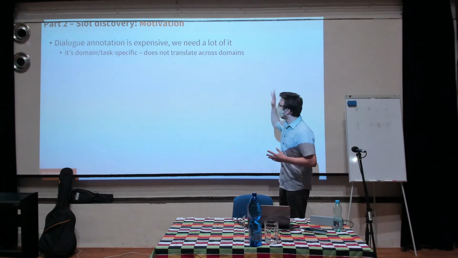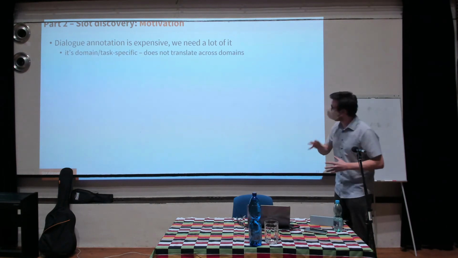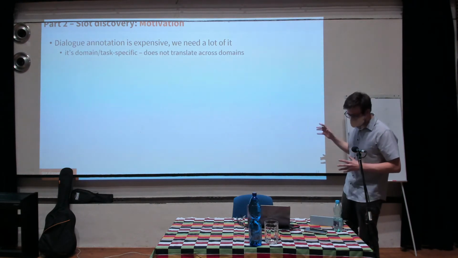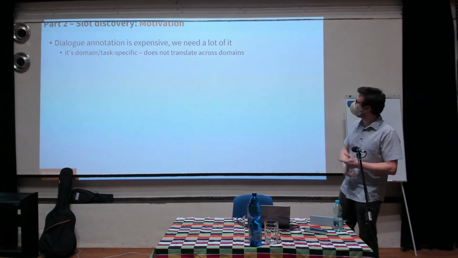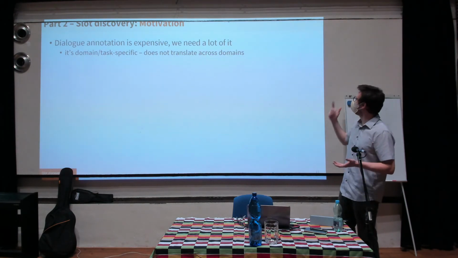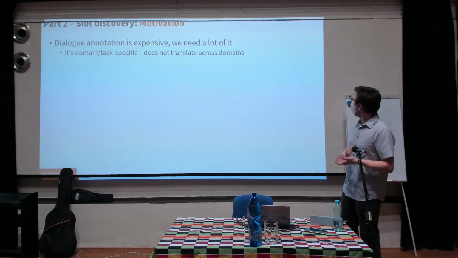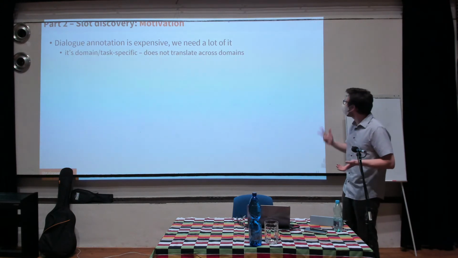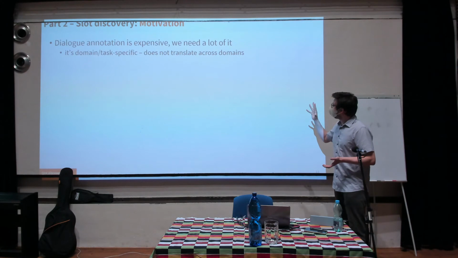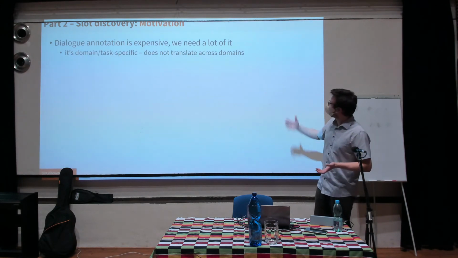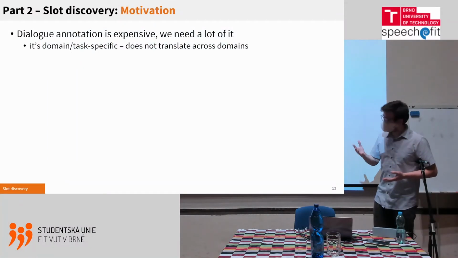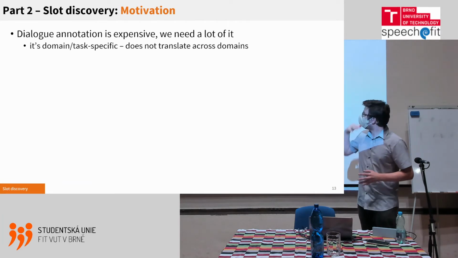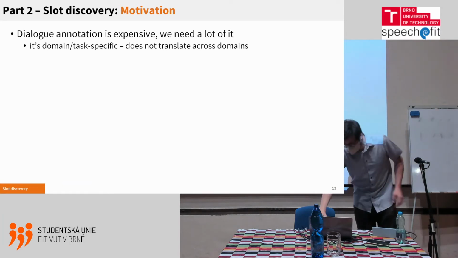It's a completely different topic. It has different types of slots, so different types of attributes. For a movie, you would have a genre, user rating, parental guidance ratings or this kind of stuff. And for restaurants, you have the price, you have the area. So it's really different and does not translate well across domains.